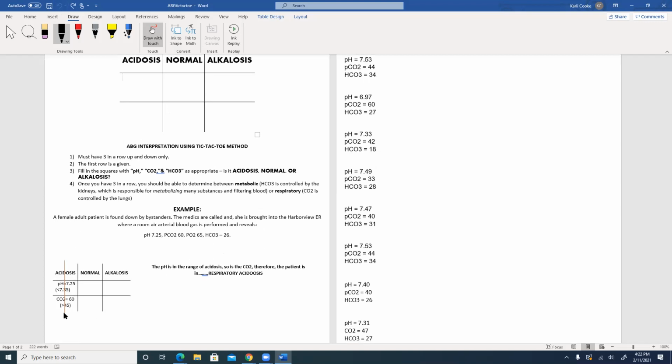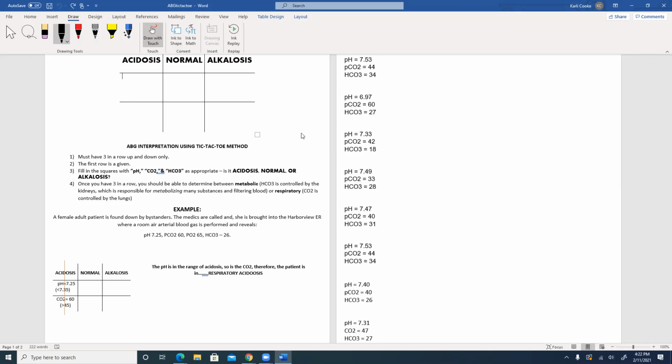There's an example again on the bottom with this patient here who had the pH of 7.25, the CO2 of 60. PO2 may be another value. I remember Donna in my night class asked about that fourth value. PO2 is just looking at the arterial oxygen.